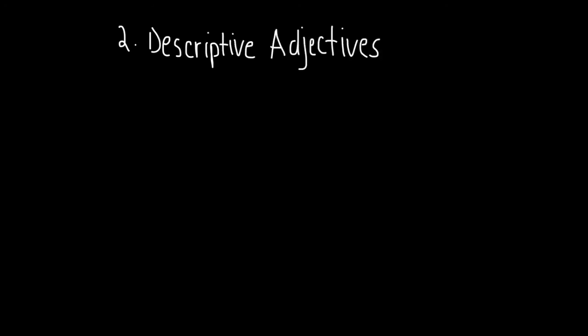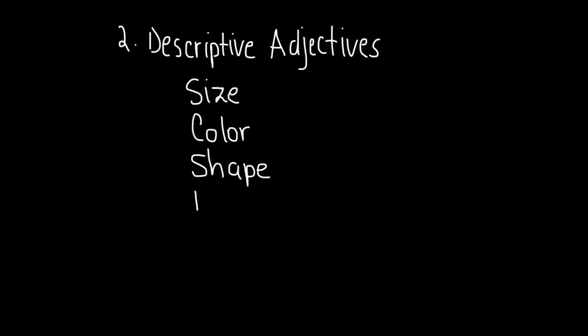The second type of adjectives are descriptive or differentiating adjectives. And they refer to everything that has to do with size, color, shape, nationality, or basically anything that describes the noun.